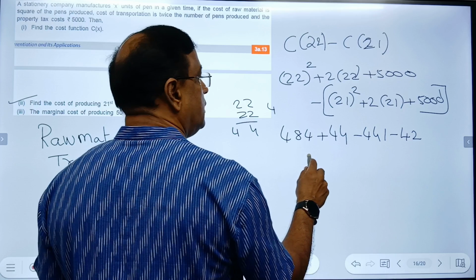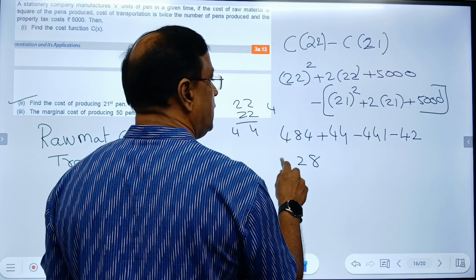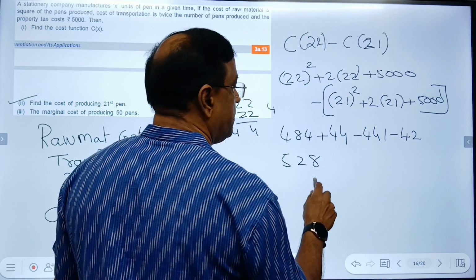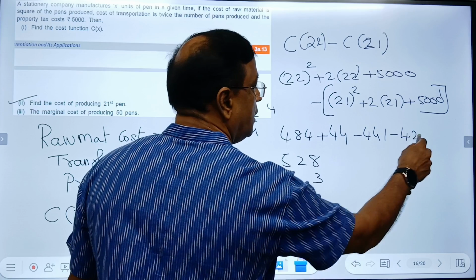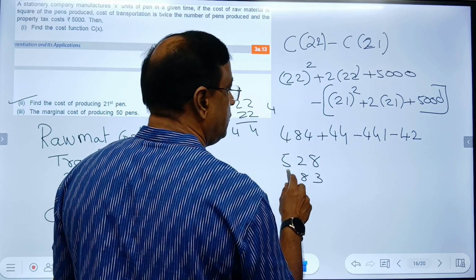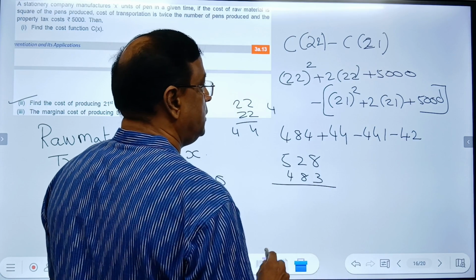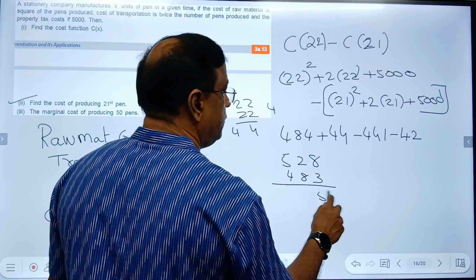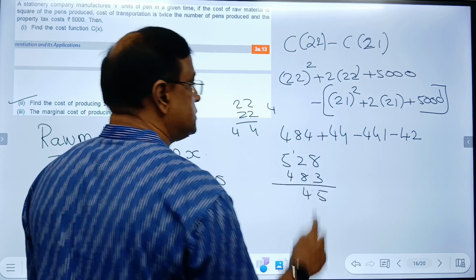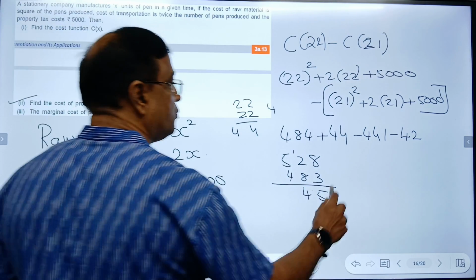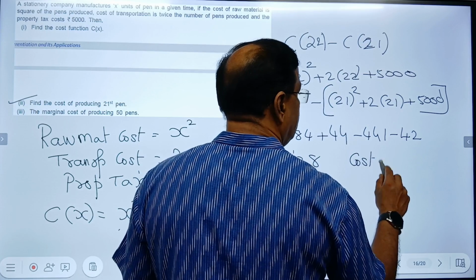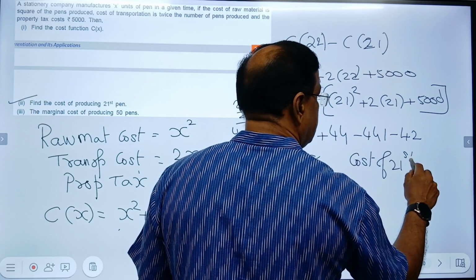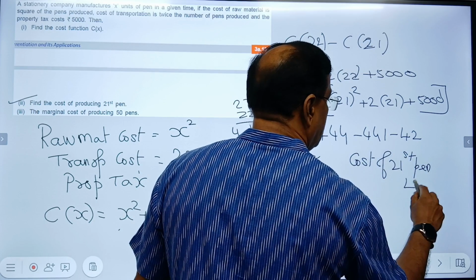So I get 528 minus 483, which will be 45 rupees. So the cost of the 21st pen will be 45.